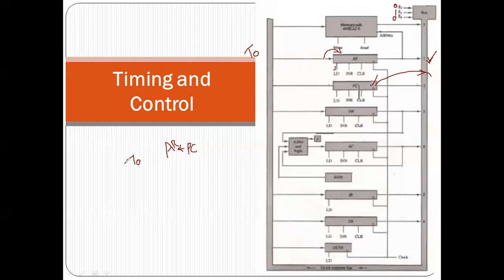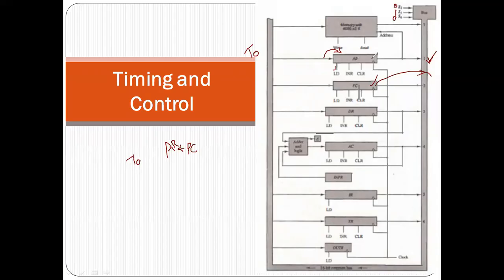Whenever you require access to the common bus, which is a resource of your CPU, it indirectly requires one timing sequence. So during one time sequence, T0, we do the first transfer between the two registers, PC and AR.